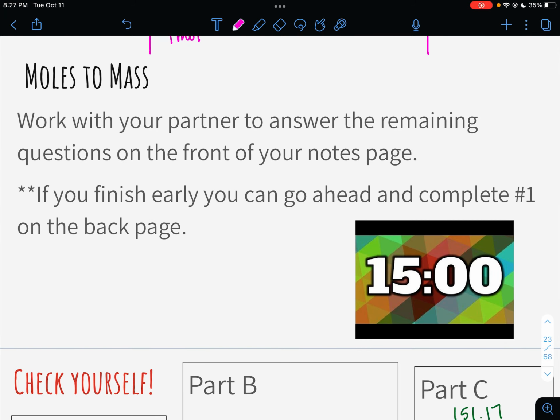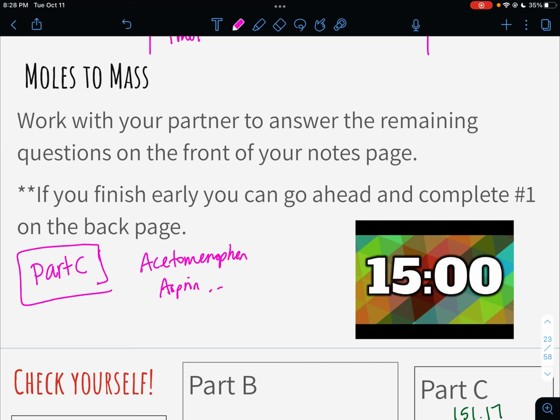So once you've calculated those, the next part is part C. That is where we're going to calculate the molar mass of our acetaminophen and your aspirin, and the rest of our medications. So remember, you're just adding up the mass of each individual element.